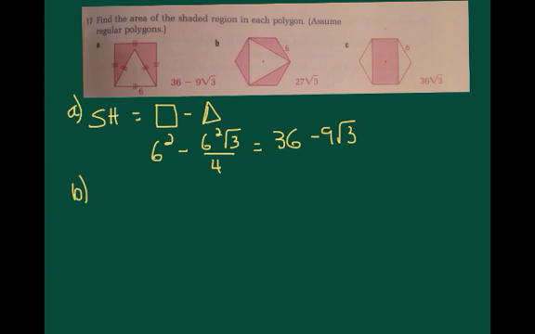Part B, you'd think we would take the triangle away from the hexagon. And while that does work, a quicker way is just to do the shaded area is 3 times the area of the shaded triangles. That actually works out to be much quicker. Well, how do we find that? Well, I know that this is a regular hexagon, so all the sides are 6.